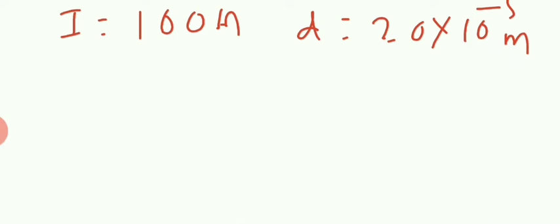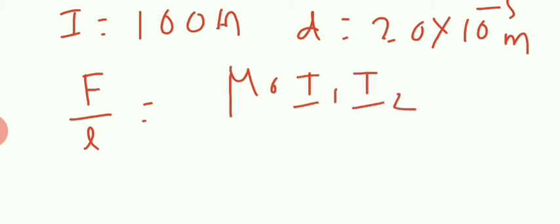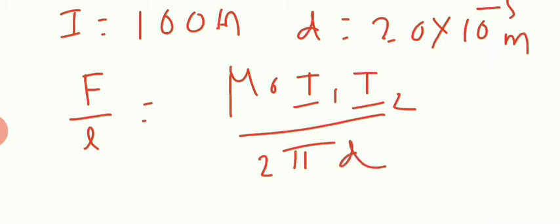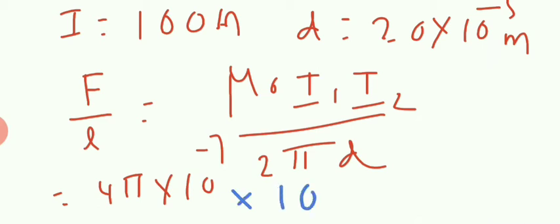I changed into meter. And we know the force between the conductors is given by force per length is equal to mu naught I1 I2 by 2 pi d. Right? So here mu naught is equal to 4 pi into 10 power minus 7, and I1 and I2 are current flowing through a conductor. So each 100 ampere, so it is 10 power 4.